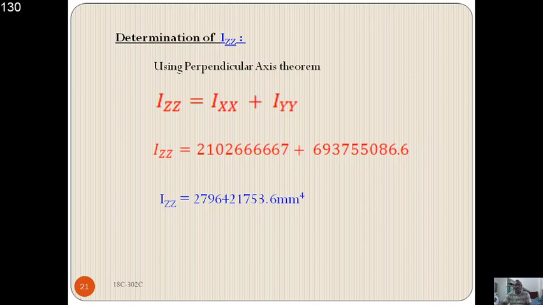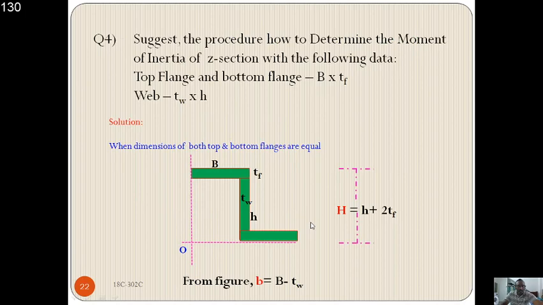Therefore, Izz has resulted to 2796421753.6 mm to the power of 4. So this is the procedure to find the moment of inertia about the z axis.